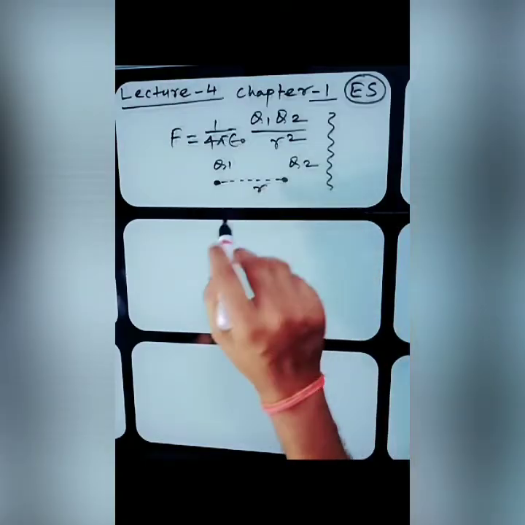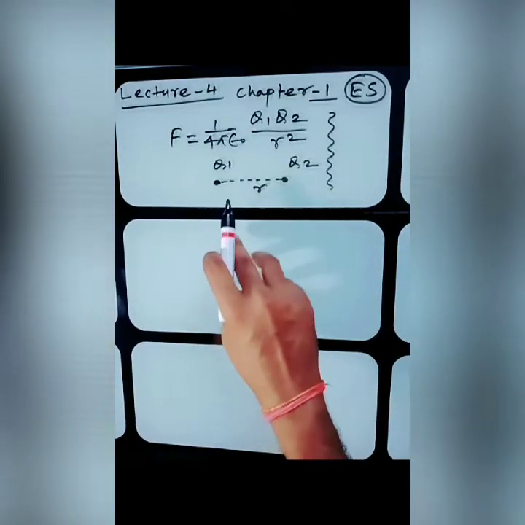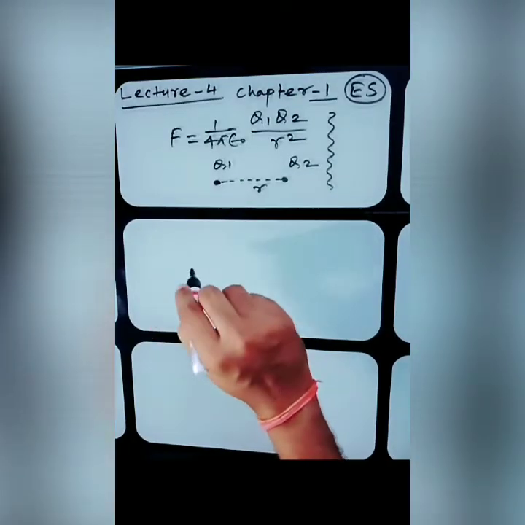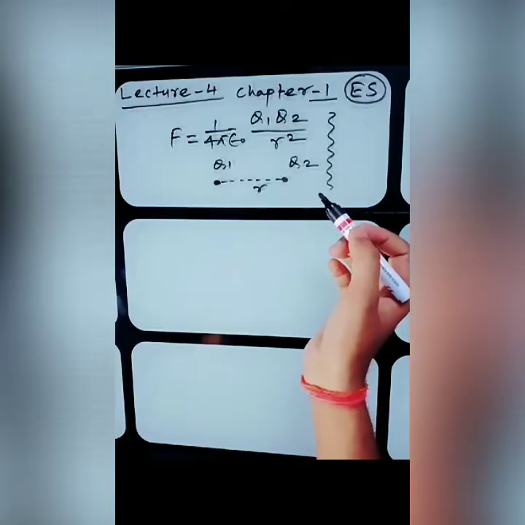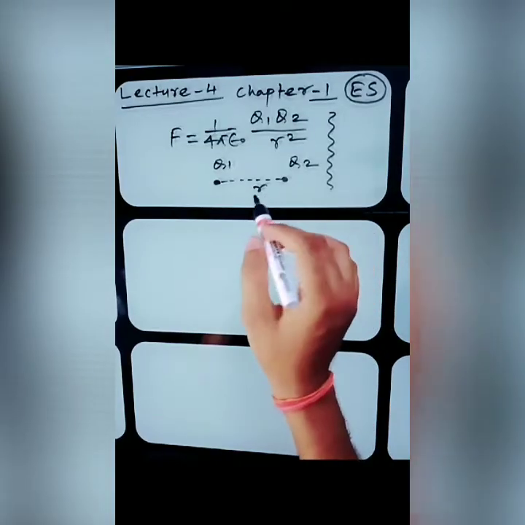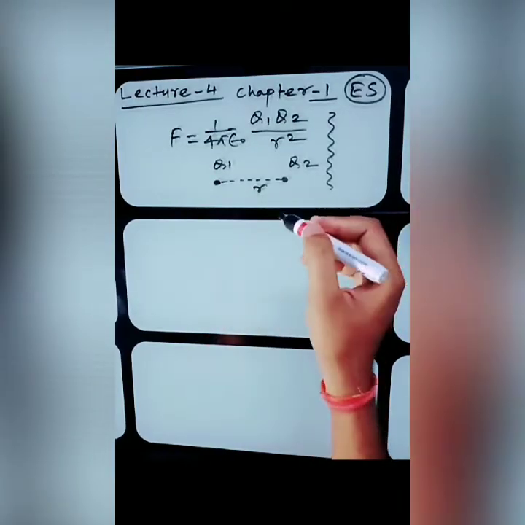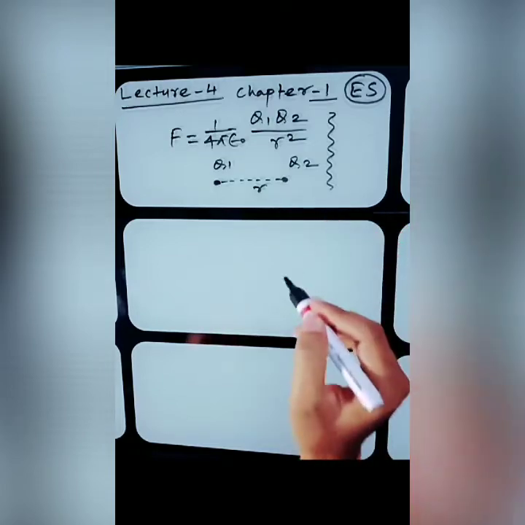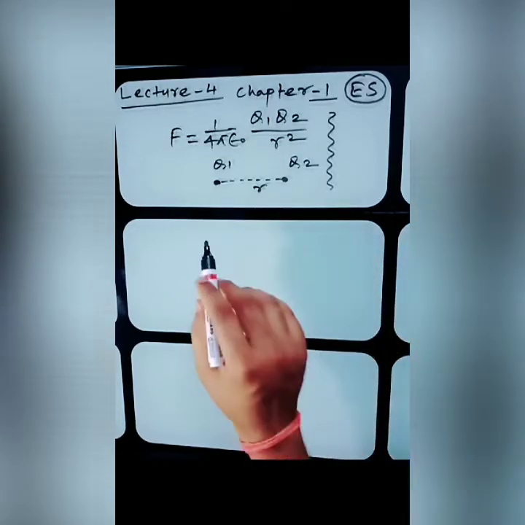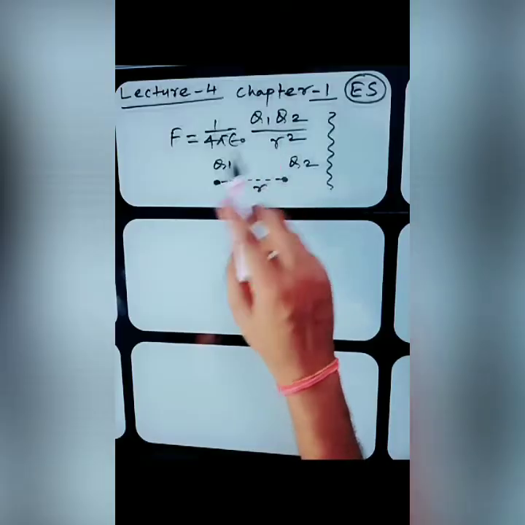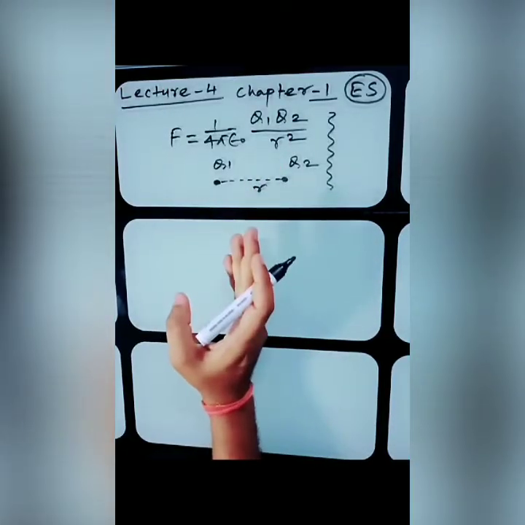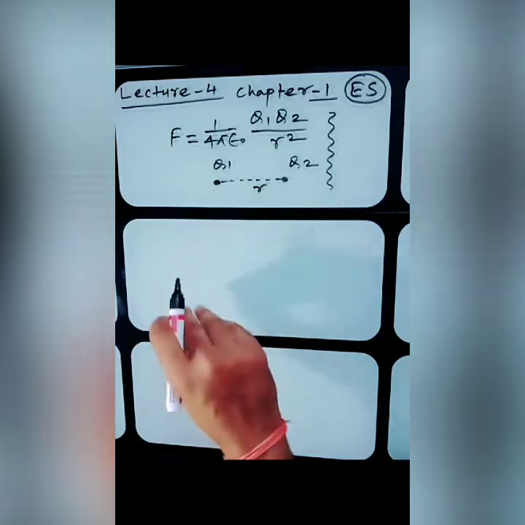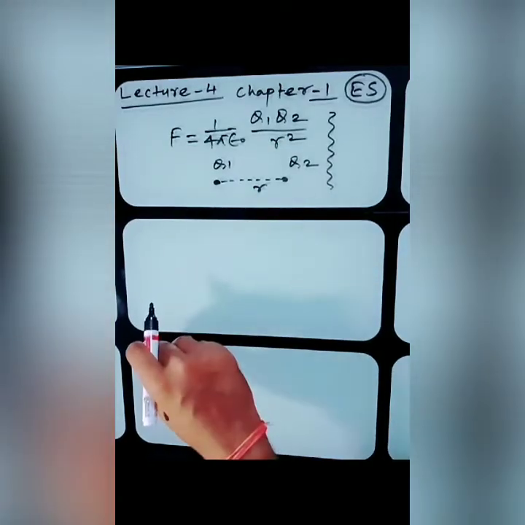Now, another question from this formula will be asked about the nature of force, whether the force is attractive or repulsive. We have discussed that like charges Q1 and Q2 repel each other, whereas unlike charges attract each other.